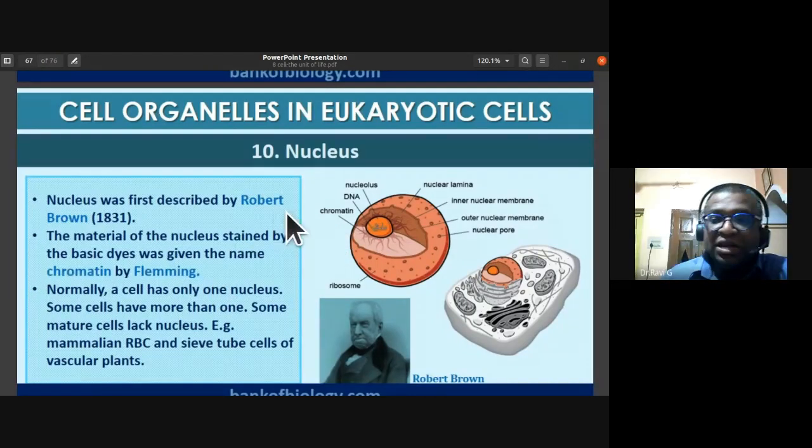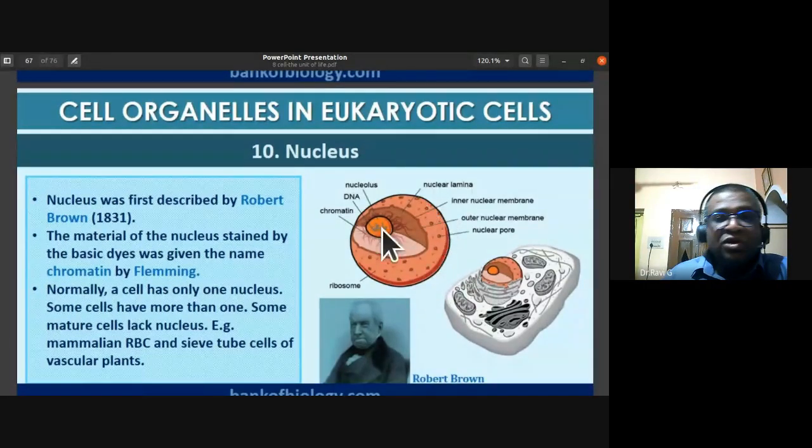The nucleus was first described by Robert Brown, and the term chromatin was first used by Fleming for the material within the nucleus stained by the basic dye.